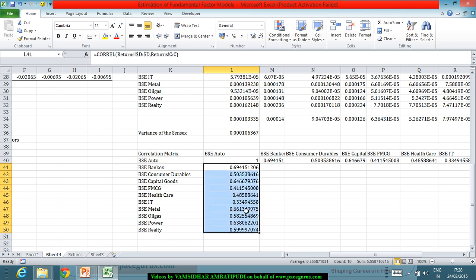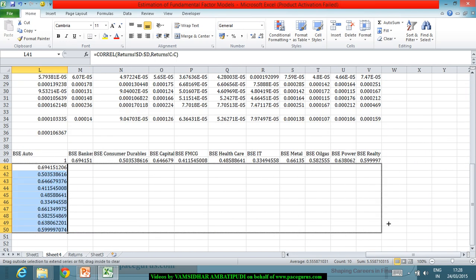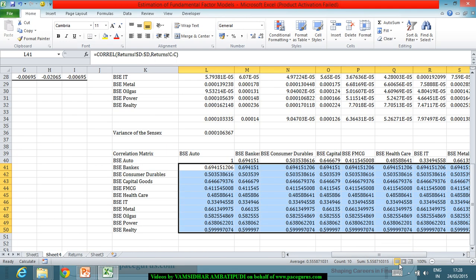Now here if you see, between the majority of the groups, the correlations are around 0.5, 0.6, 0.7 with respect to auto. Similarly, between a few pairs the correlations could be even higher, and between a few pairs they could be much lower.